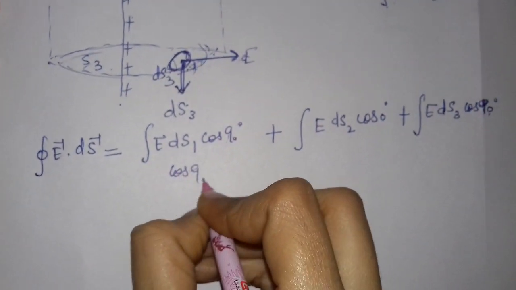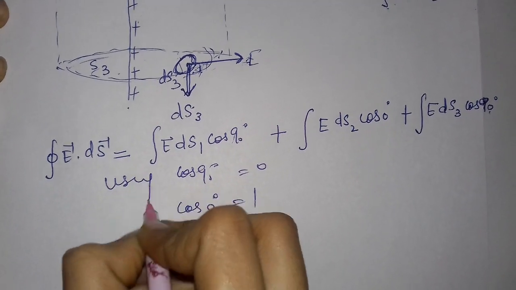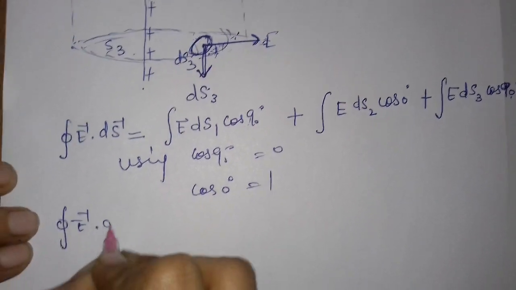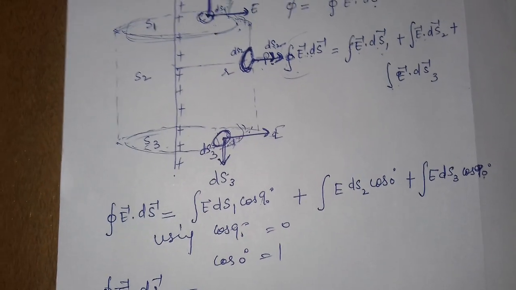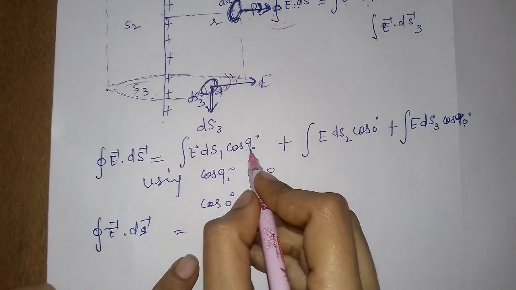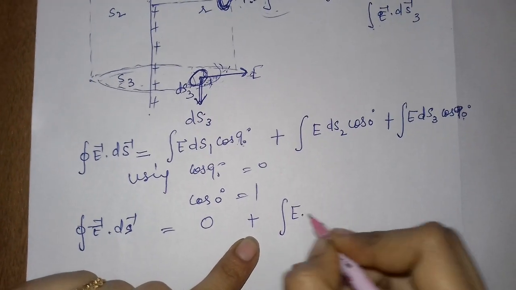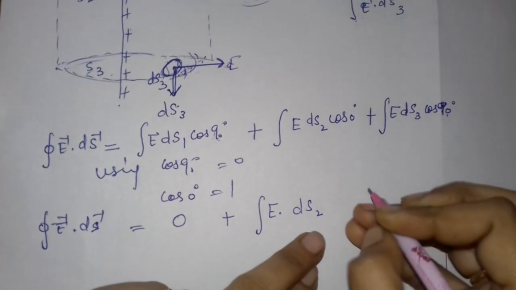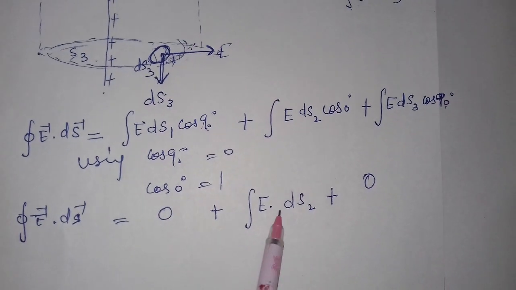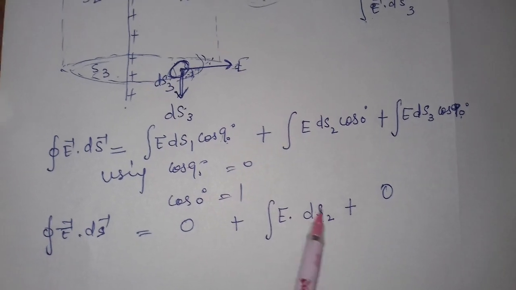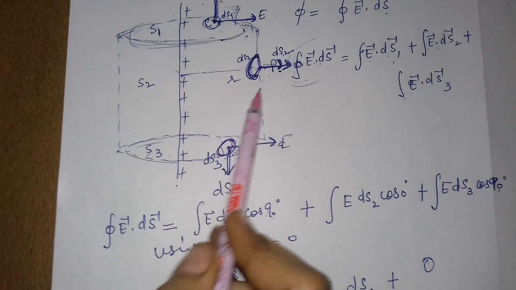And cos 90 is 0, cos 0 is 1, right? So I get E dot ds over the whole closed surface, that is the Gaussian surface: cos 90 becomes 0, plus it becomes E ds2, plus 0. That means the surface area of only that part will be considered, that is the curved part, right?